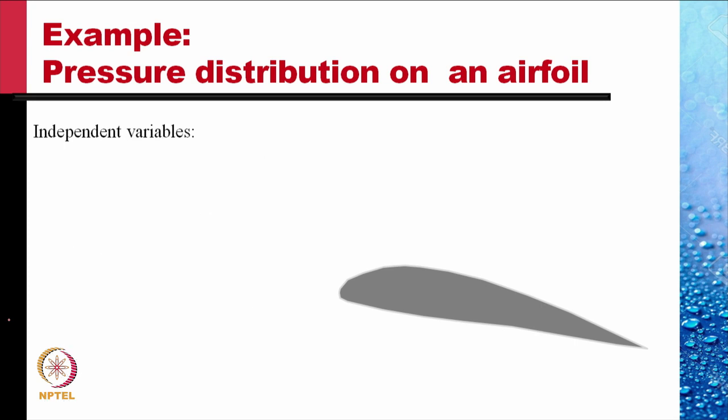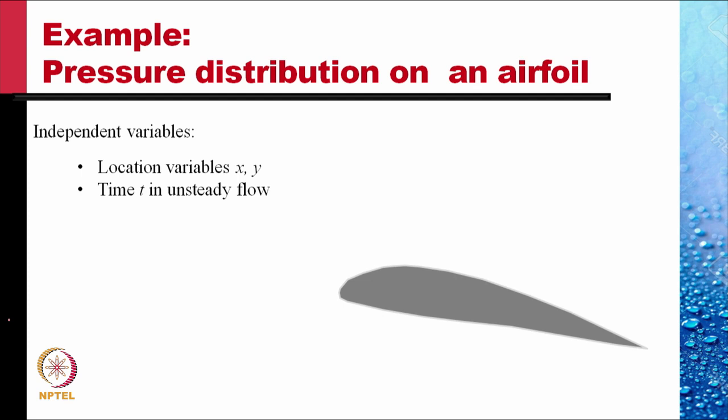Now let's look at independent variables. We're interested in pressure distribution. So the location of the point along the surface is an independent variable, location x,y of the point along the surface of the airfoil.